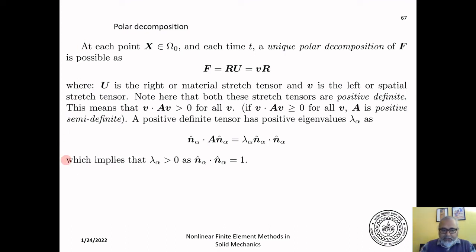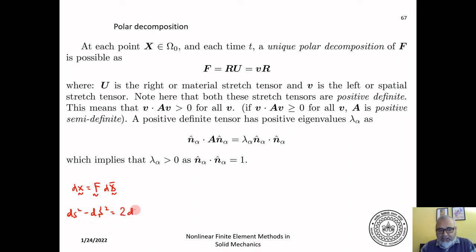Now F relates a line segment in the reference configuration to its map in the deformed configuration, whereas the strain measures, for example the Green-Lagrange strain measure, give the difference in lengths.